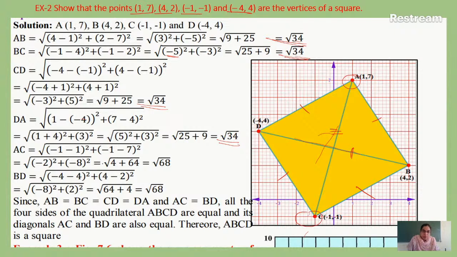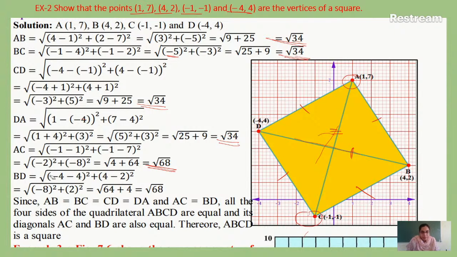Then AC is equal to root of (-1 minus 1) whole square plus (-1 minus 7) whole square. Minus 2 whole square plus minus 8 whole square. That is nothing but 4 plus 64, that is root 68. Right?